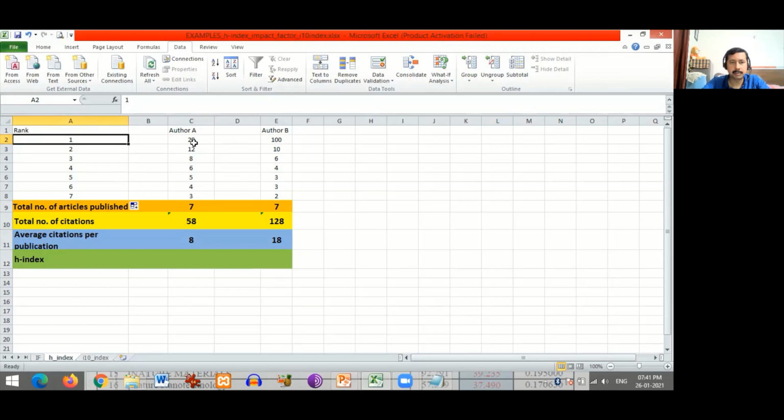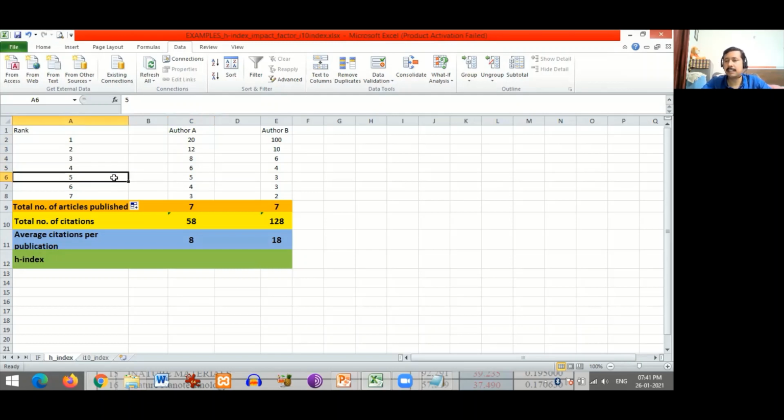Let's go down because 20 is greater than 1. Let me go down to the second row for comparing. 12 is greater than 2. I'll go to row 3. 8 is greater than 3. I'll go to row 4. 6 is greater than 4. I'll go to row 5. 5 is equal to 5.